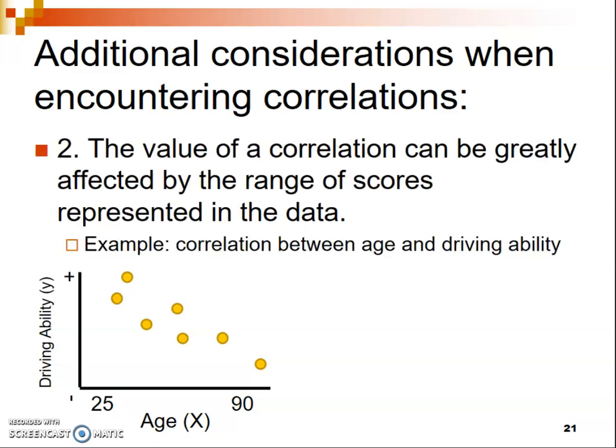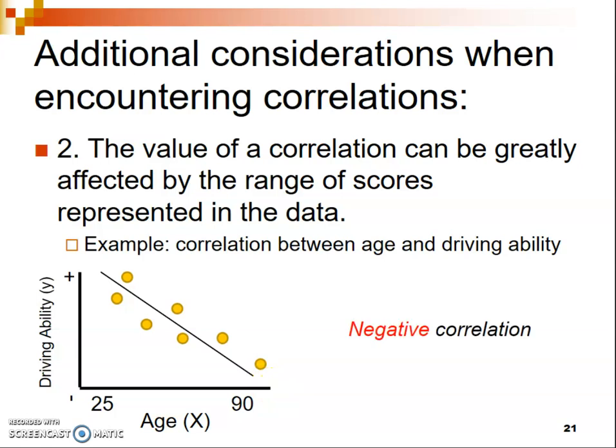So again, taking the same example of a correlation between age and driving ability, if our sample is ranging from 25 to 90 years old, our data looks quite different. You should be able to identify this now as a negative correlation, in that people that are low in age have a high driving ability, and people that are high in this age range have a low driving ability.